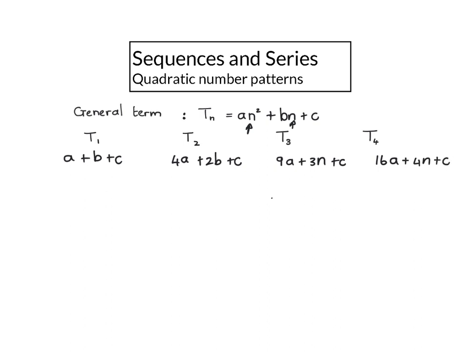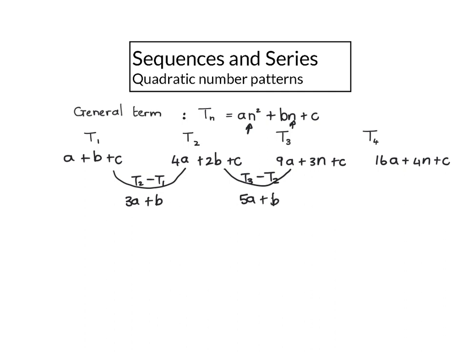The first difference between the terms, t2 minus t1, is 4a minus a, which is 3a, 2b minus b, which is plus b, and c minus c. And then the second term in the first difference, t3 minus t2, is 5a plus b.